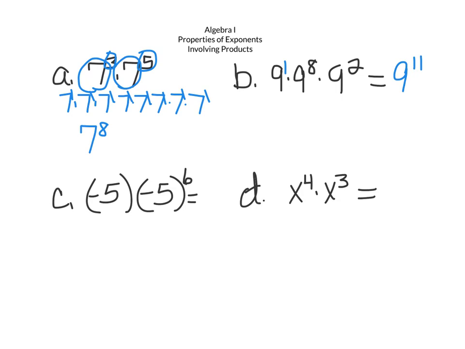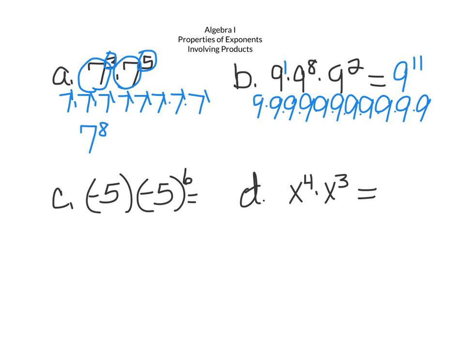And again, if you wanted to expand that, 9 to the 1 is 9, and then 9 to the 8th, and then 9 squared. And remember, we're multiplying that base that many times. And so when you count those, you will have 9 as a factor 11 times.